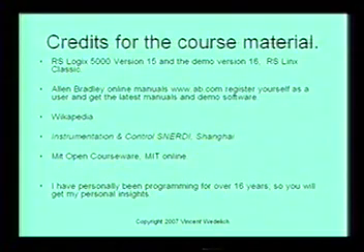I also used Wikipedia. It's a good resource. I used a little bit of an instrumentation and control section from a company in Shanghai. I just touched on it. It's really the ISA symbology for flow diagrams or piping and instrumentation diagrams.